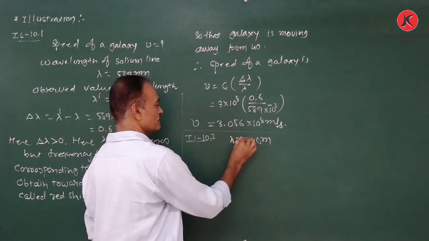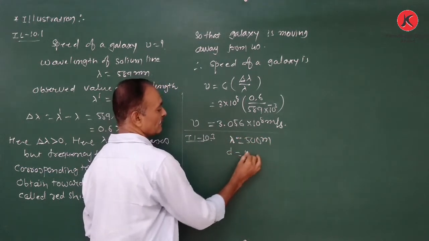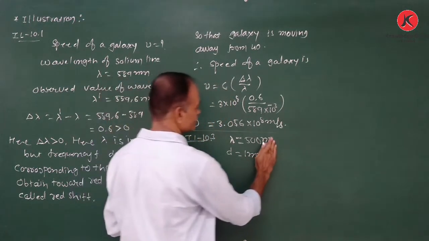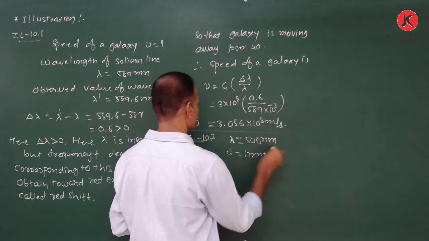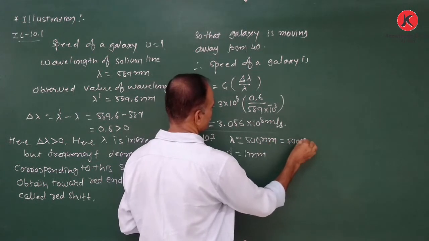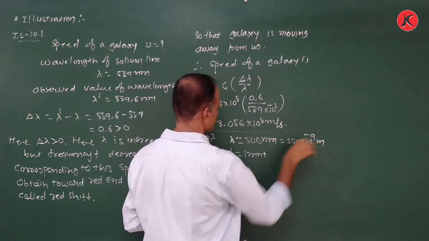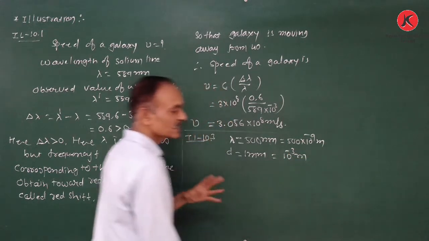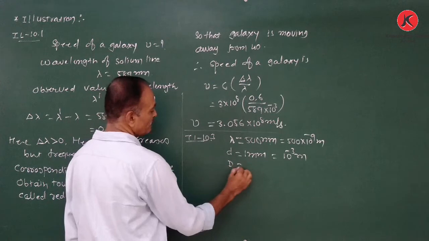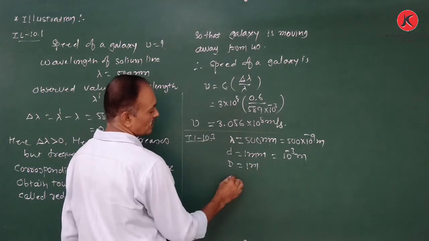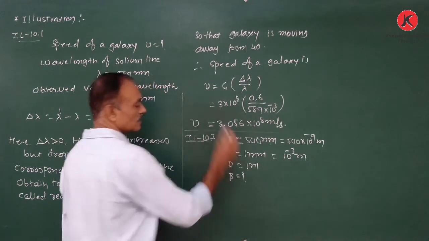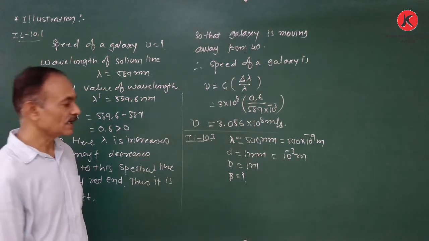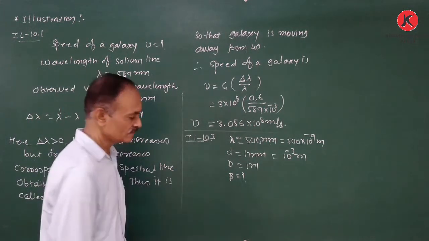The distance between the two slits, d, is given as 1 millimeter, that is 10 to the power minus 3 meter, and the screen is placed at 1 meter distance. What is the separation between the two bright or the two dark fringes? Or what is the fringe width?